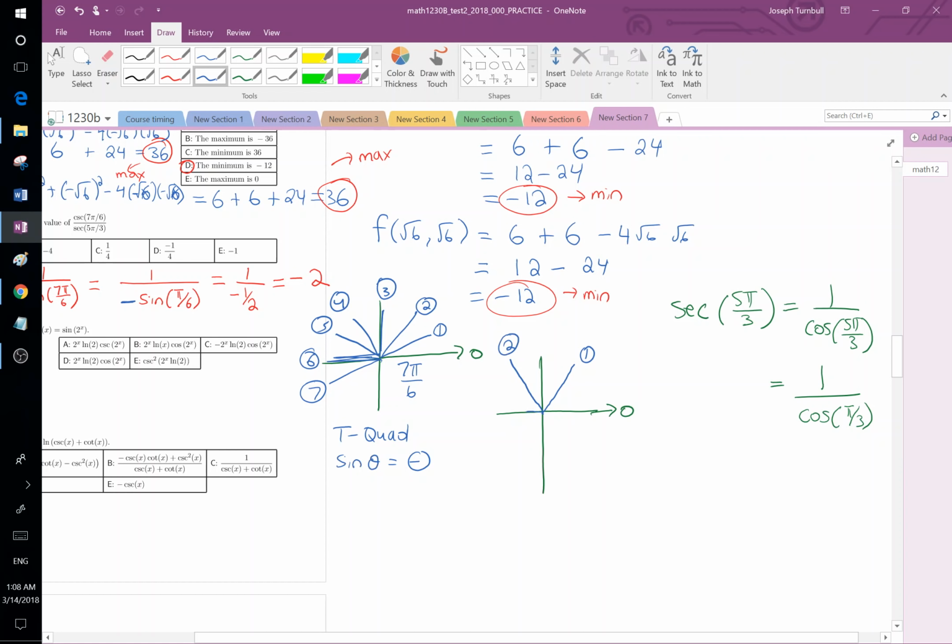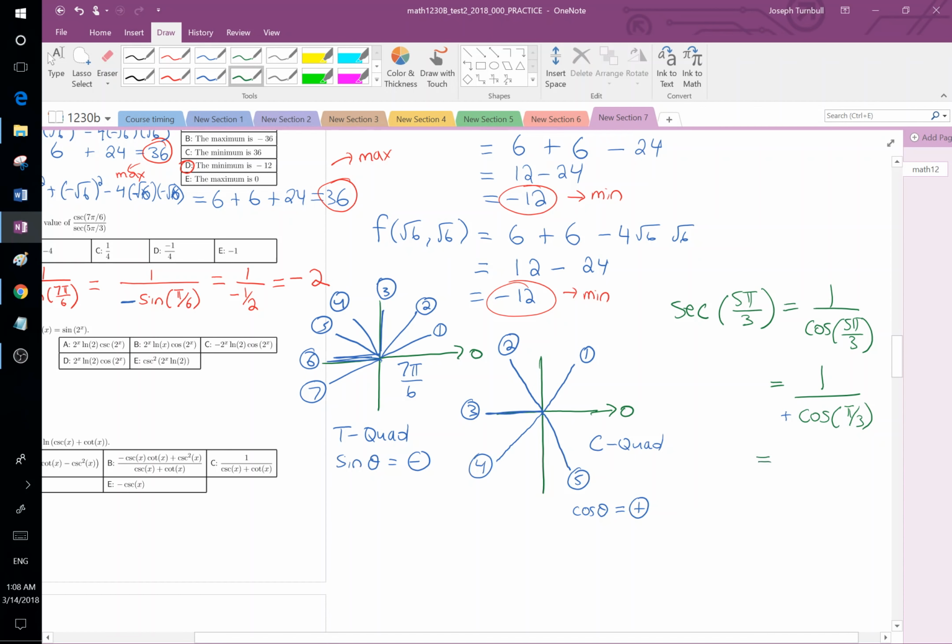Third one brings us to 180. Fourth one puts us inside the T quadrant. And then the fifth one puts us inside the C quadrant. Inside the C quadrant, cos of that angle is positive. We put a plus sign in front.